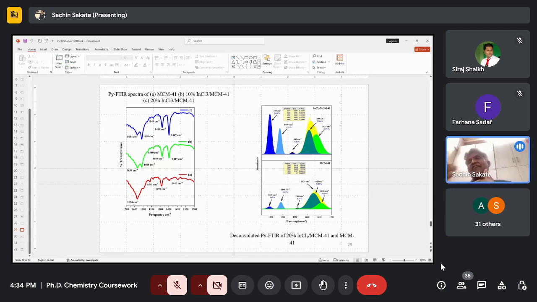That is, the Lewis to Brønsted acid ratio we have commented on by using this catalyst. So this technique needs a very good practical hand, good concentration, and very clear concepts for reporting such a value characterization. So you can also do this.